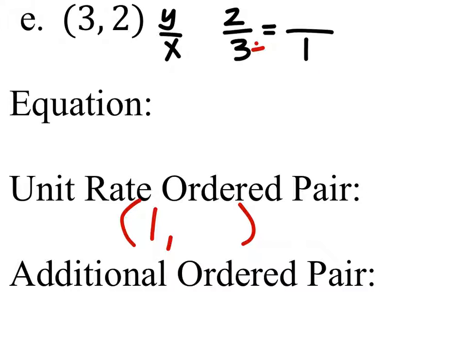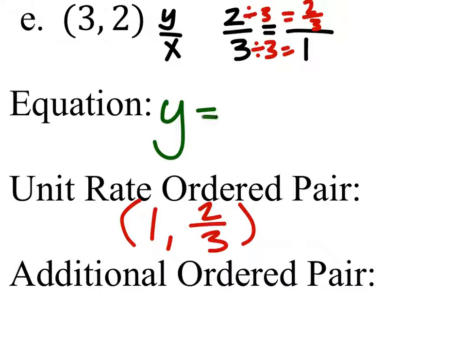So we take the 3 and divide it by 3 to get 1. 2 divided by 3, I'm just going to make it a fraction, 2/3, or 0.6 repeating, but the fraction would still look a lot better to me. So the equation is y equals 2/3 x. Very nice. So what are some additional ordered pairs?